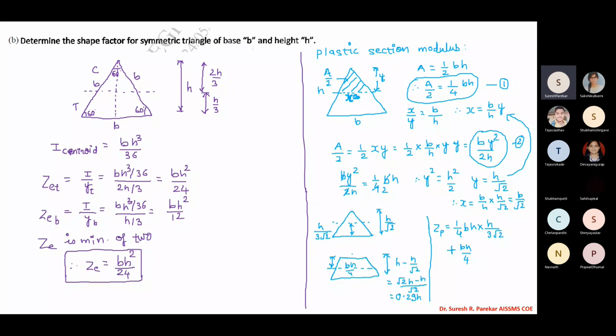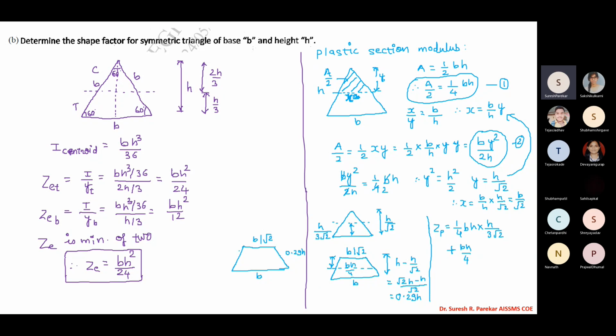B dash, what value do we get? From X it is B by root 2, and the bottom value is B. Now I will take it on this side. So this is B by root 2, this is B, and the height is 0.29 H.